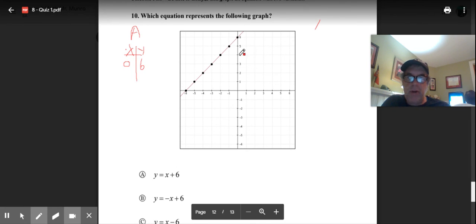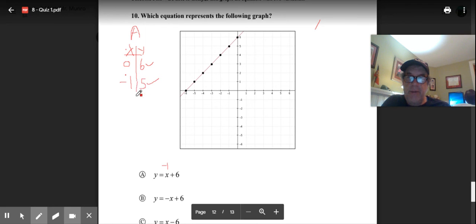Does that point work? X is 0, y is 0. So that one's good. Let's try the next one. Okay, so this one shows a -1. Let's put -1 in here. So x is -1. -1 plus 6 is 5. So that one works.